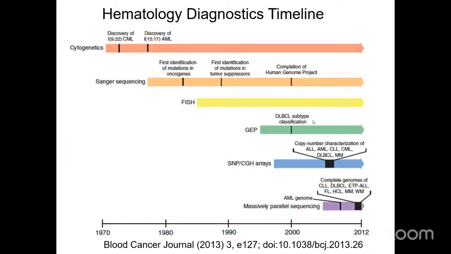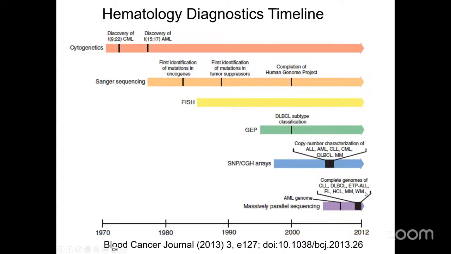So this is the hematology diagnostic timeline, and this is a very old slide. This is from a 2013 paper, and it shows the start of molecular testing in hematopathology, or in hematology, which started off mostly with the 9;22 translocation and CML, and since then has progressed exponentially.